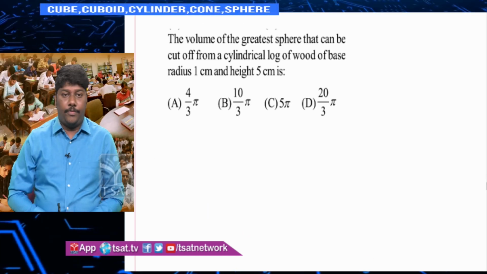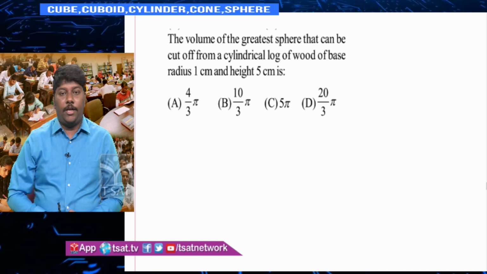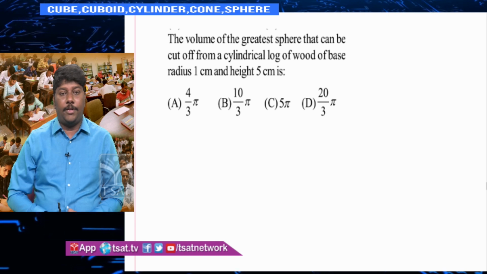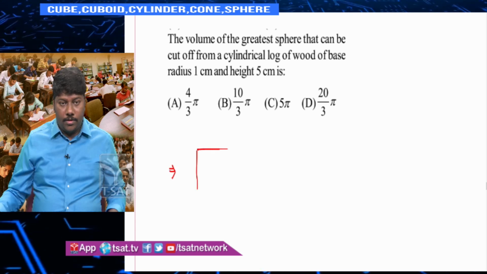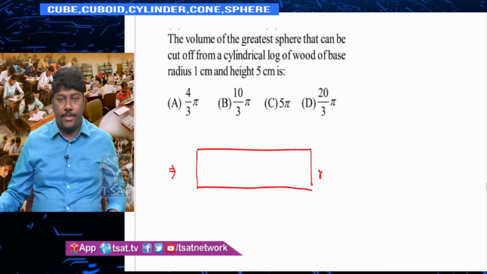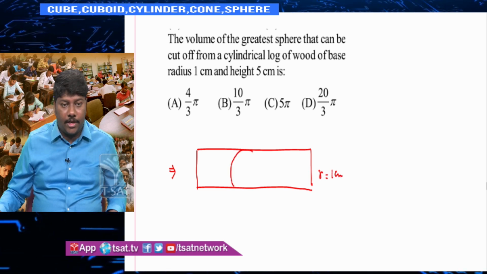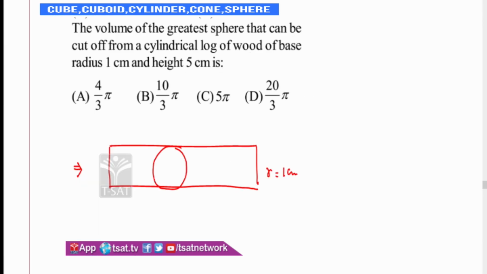Now look at this question. The volume of the greatest sphere that can be cut off from a cylindrical log of wood of base radius 1 centimeter and height 5 centimeters is. So you are cutting a sphere out of a log of wood. The front view of the wood is like a rectangle and the radius is 1 centimeter only. Therefore the maximum circle that you can cut out is of radius 1 only, because you can't cut a sphere greater than radius 1 centimeter.